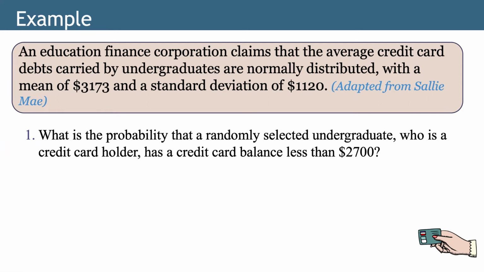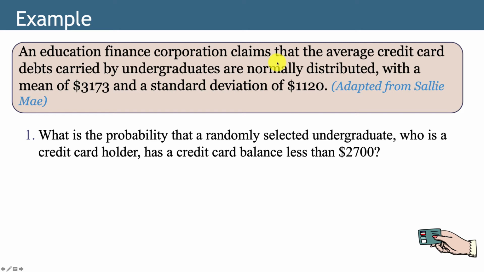So it says here, debts carried by undergraduate students are normally distributed with a mean of 3173 and a standard deviation of 1120. So on average, credit card debt is 3,173. Ouch. So question 1, what is the probability that a randomly selected undergraduate who is a credit card holder has a credit card balance of less than 2,700?